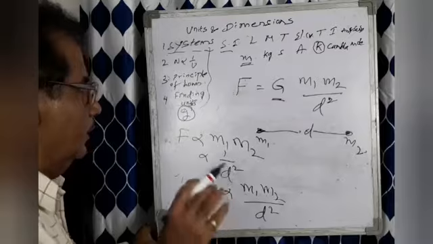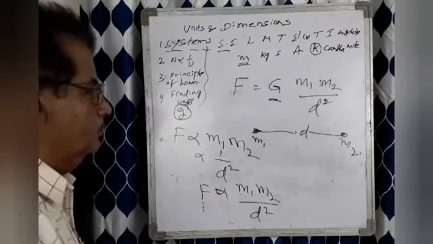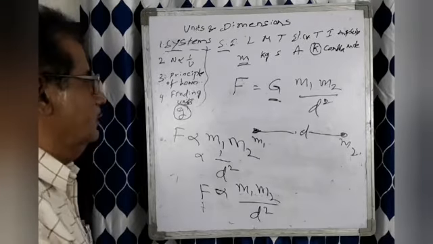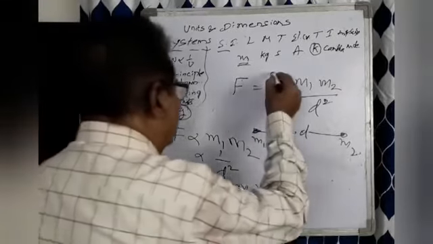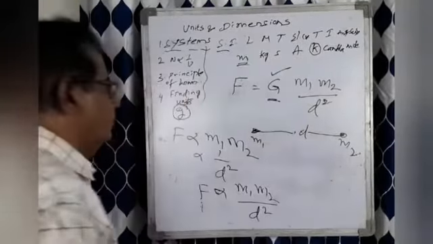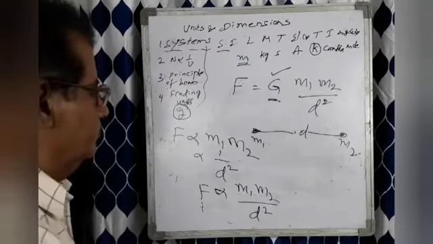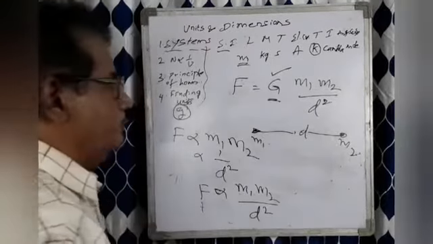So this kind of clarity should be there for any student to get physics easily. So F is equal to G m1 m2 by d square. Now on this capital G, many times questions are asked in public examinations and competitive examinations. What is the unit of capital G?